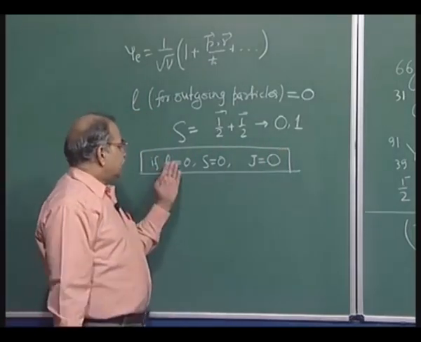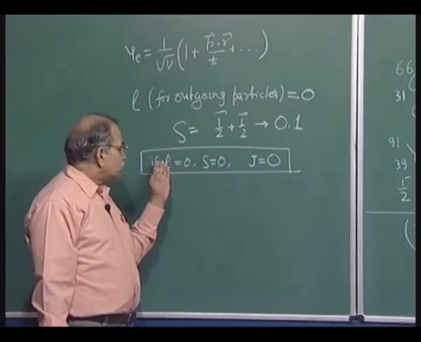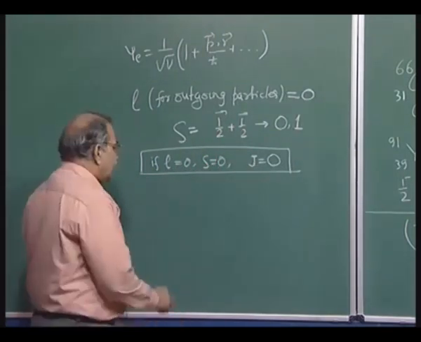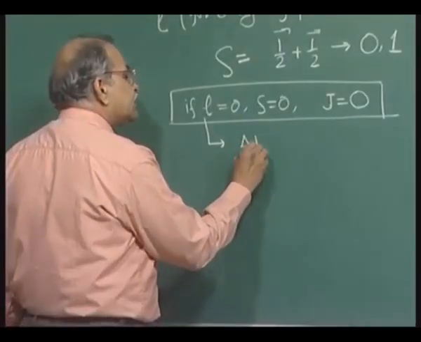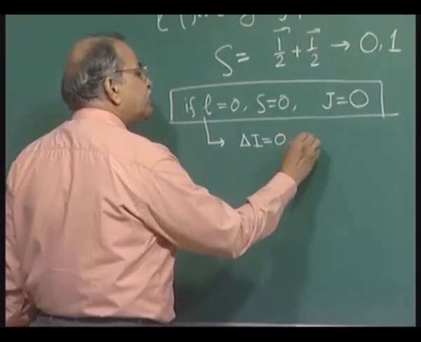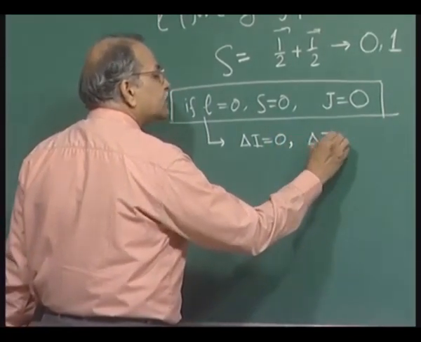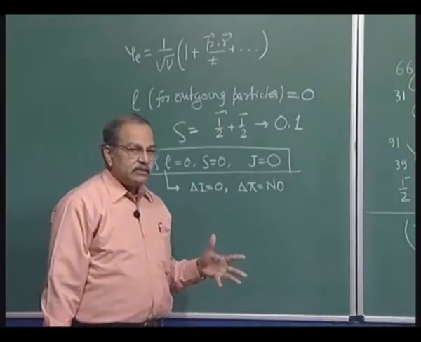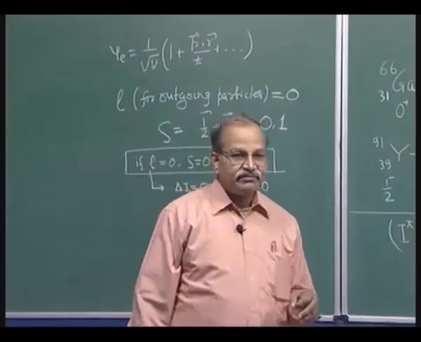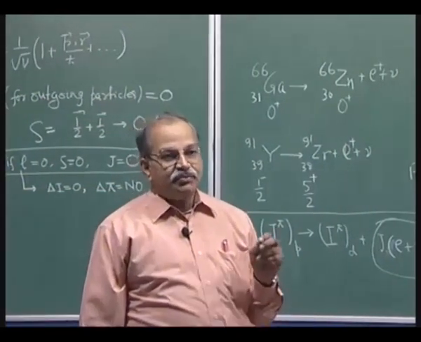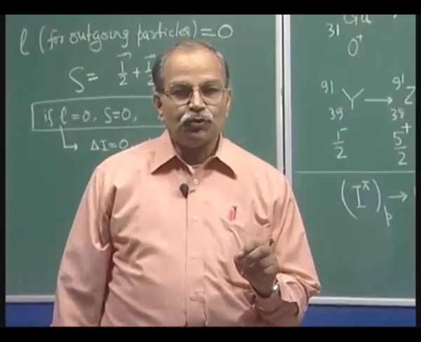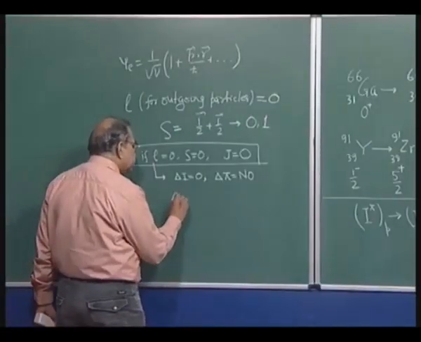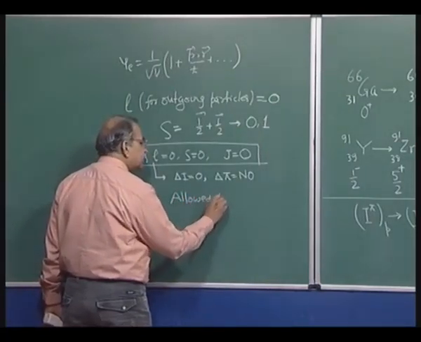If the particles are going with orbital angular momentum 0 and their spins are combined, half and half combining to 0, then this J will be 0, and this will lead to delta I equal to 0 and no change in parity, delta pi no. So, these transitions where orbital angular momentum of the outgoing particles is 0 and the spin angular momentum combine to S equal to 0, these transitions are known as allowed Fermi transitions.